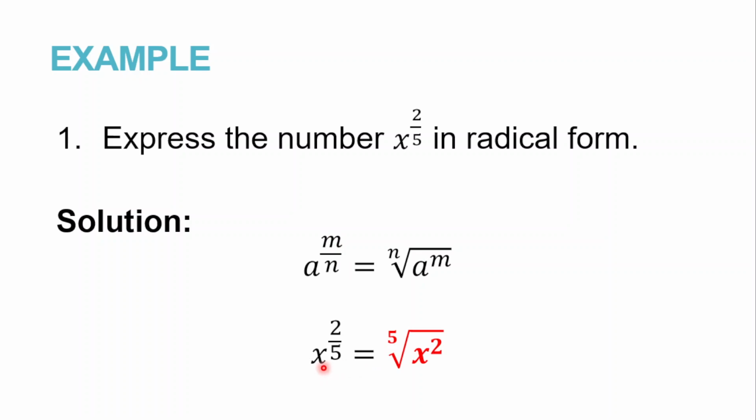When we have that, we have 2 over 5, so this is our m and this is our n. The m goes to the exponent inside the radical, so that's why we have 2, and our n is 5, so that will be the index. So this is our final answer.